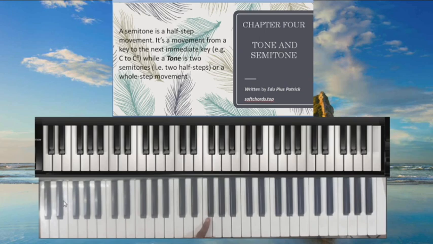Now, the next thing we look at is a tone. A tone is two half steps, or two semitones, or a whole step movement. Remember we say a semitone is a half step, from here to the next one. While a tone is two of these, from here to here, and then another one from here to here, making two semitones.